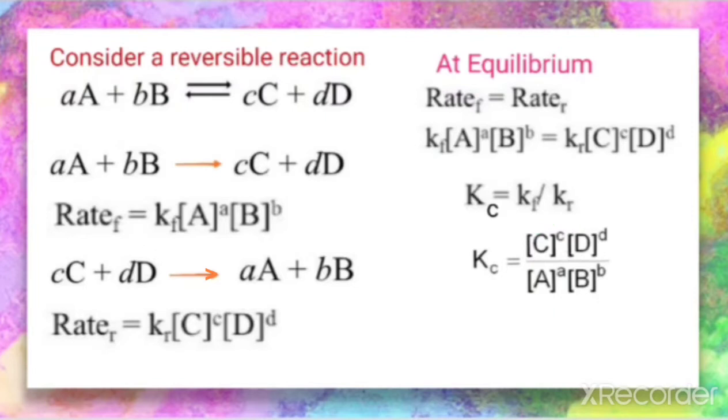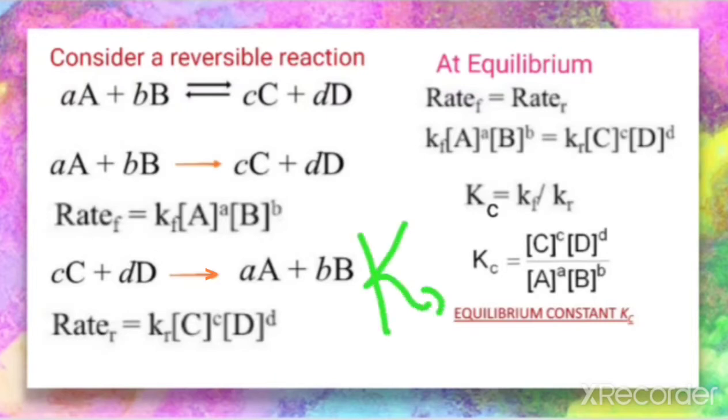This constant, Kc, is called the equilibrium constant, which is represented either as Kc or somewhere it is written as Keq, that is the equilibrium constant.